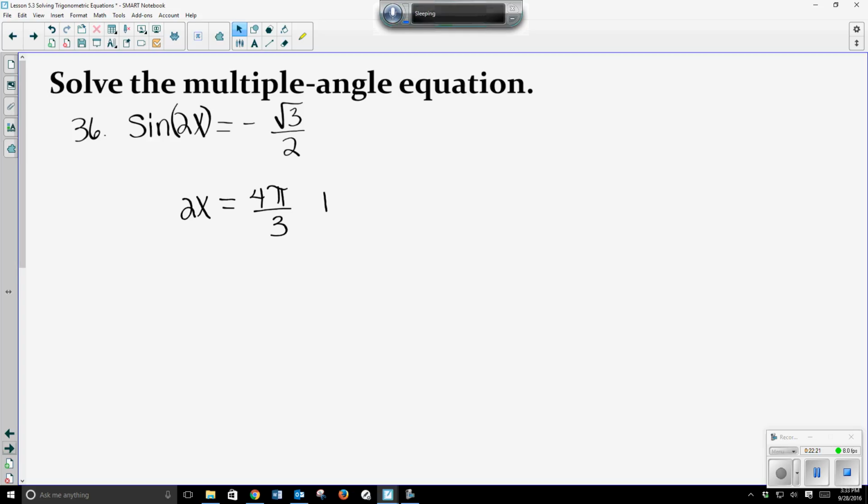And we have to add 2 n pi. I'll go ahead and put the other answer in here, 5 pi over 3 plus 2 n pi.